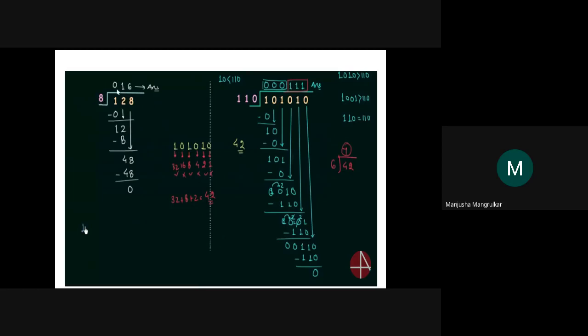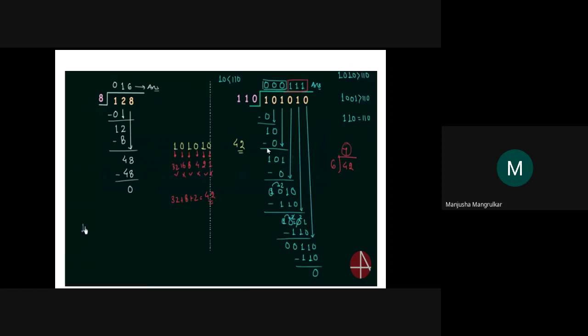So 8 into 1 is 8, and 12 minus 8 is 4. We take the third digit, which makes 48. Again 48 is greater than 8, so we divide it: 8 sixes are 48, so 48 minus 48. The same process applies in binary if the number is bigger.